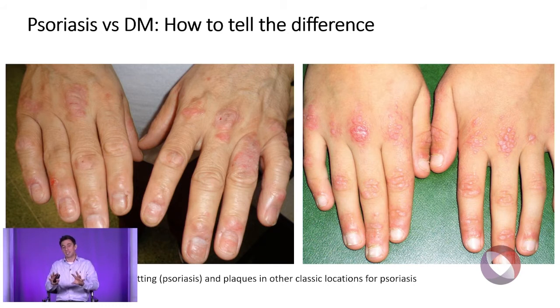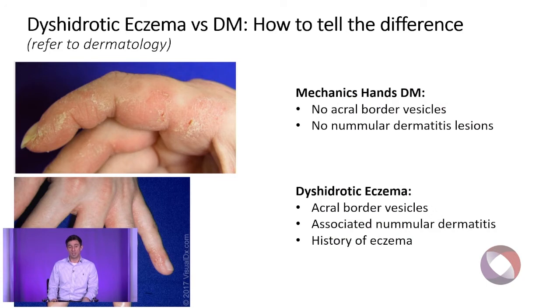But if it gets to this, it's probably a biopsy diagnosis. Either way, don't stress out too much about this. Dyshydrotic eczema versus the mechanic's hands of dermatomyositis, I wouldn't worry about it too much. It's very similar. If you've been treating dyshydrotic eczema with high-powered clobetasol and it's not getting better and they have other sequelae of dermatomyositis, refer them because these are probably just too similar to sort out.